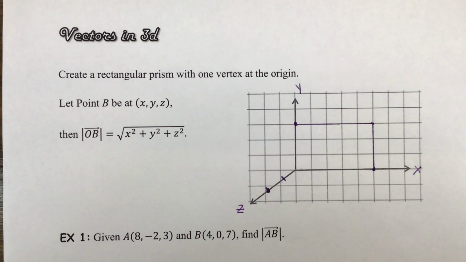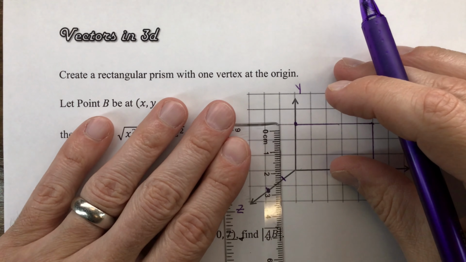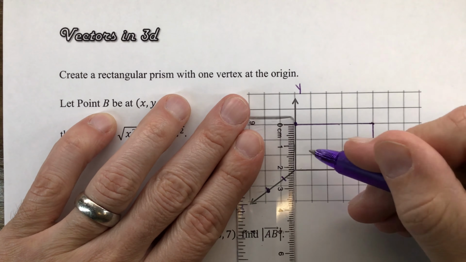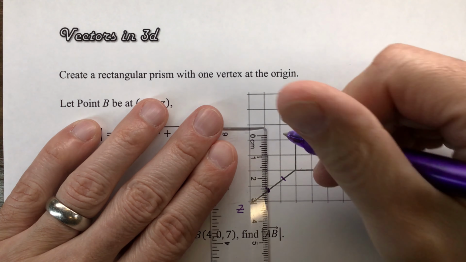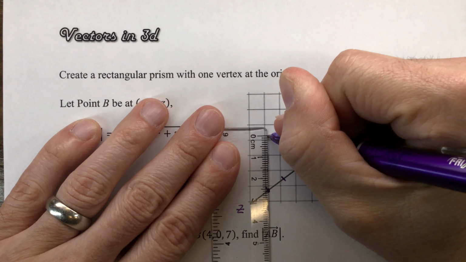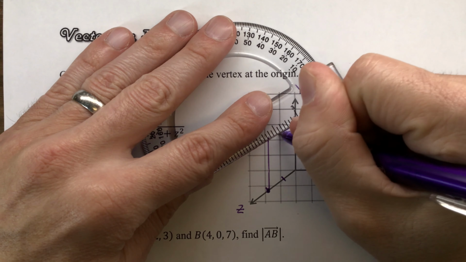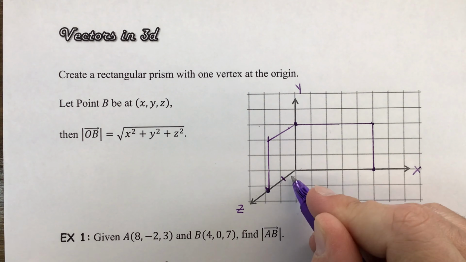Let's see if centimeters would probably work better. Okay, the length of that is about 2.1, so I'm just going to go 2.1 here. And that z-axis locations are a little bit odd. Okay, so then I should be able to close this off, and that'll appear parallel to that.